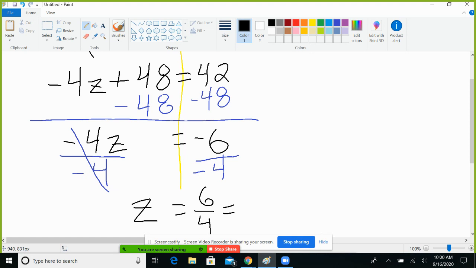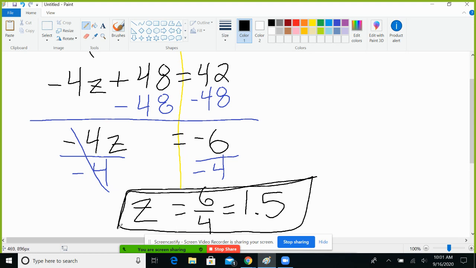And then 6 divided by 4 equals, solid. Nice work, Cody. Very nice work.